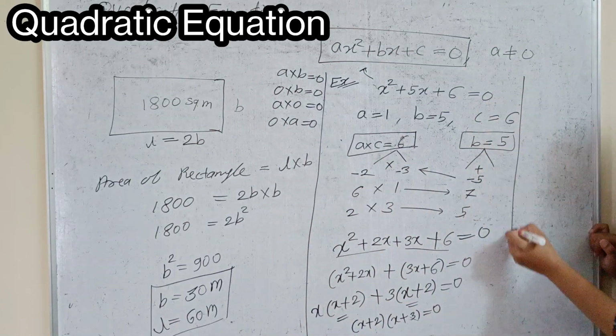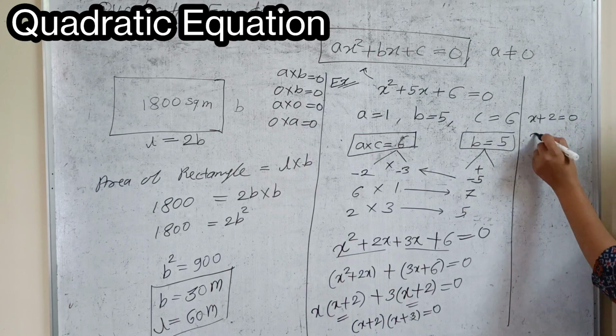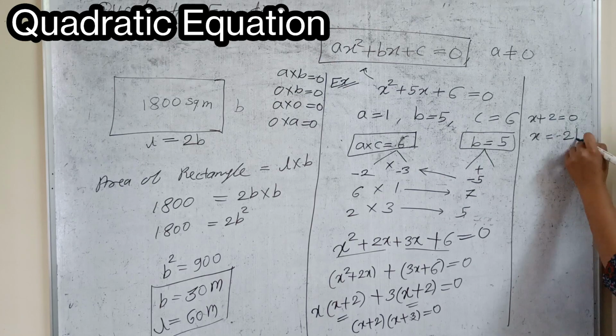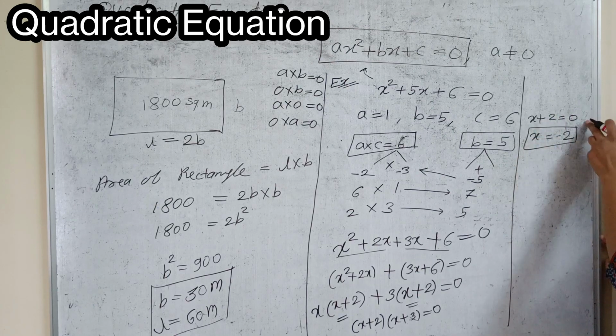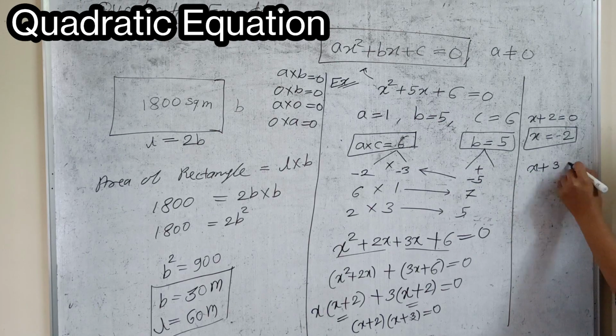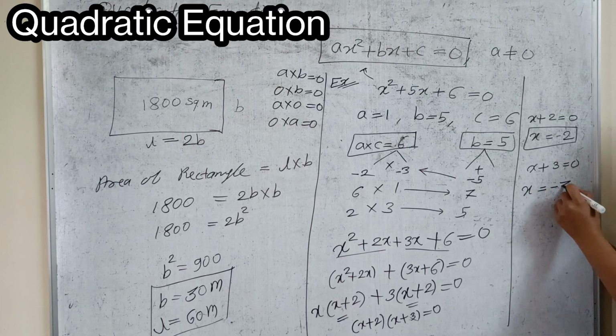The first factor is x plus 2 equals 0. So when this bracket is 0, x is minus 2, or we can say plus 2 shifts to become minus 2. The second is x plus 3 equals 0, and here plus 3 shifts to become minus 3.